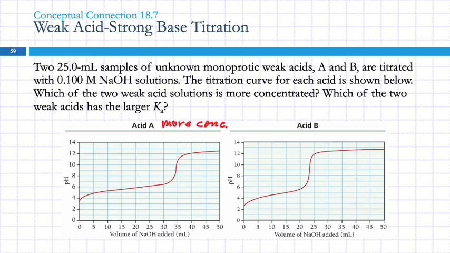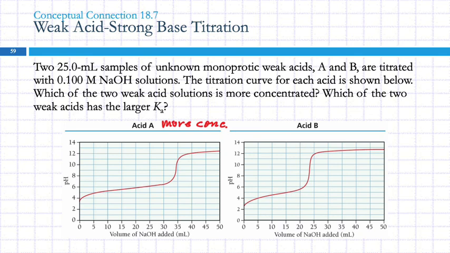Where's another point we can look for the Ka information? Initial pH. The problem is one's more concentrated than the other. Half equivalence point. So the half equivalence point is halfway to the equivalence point. About 34, so about 14? No. 17.